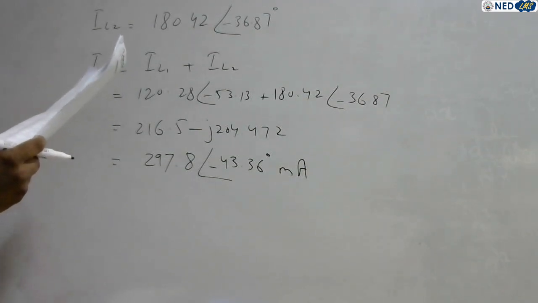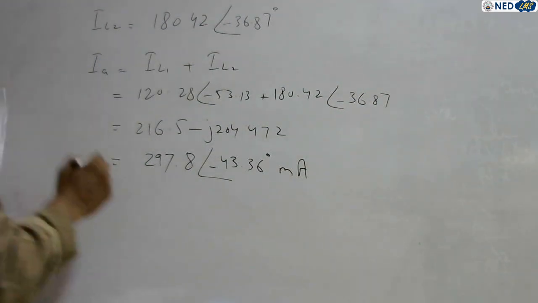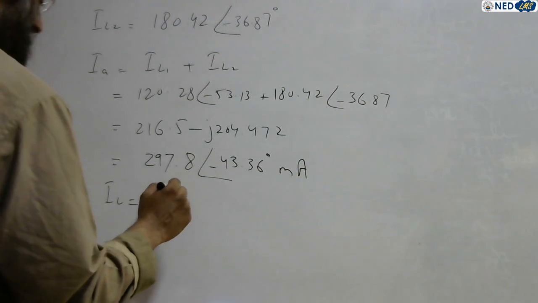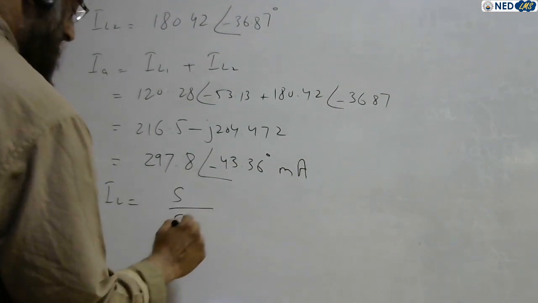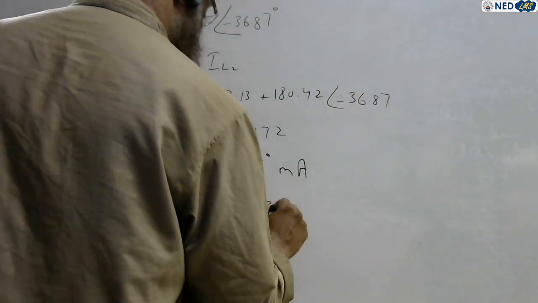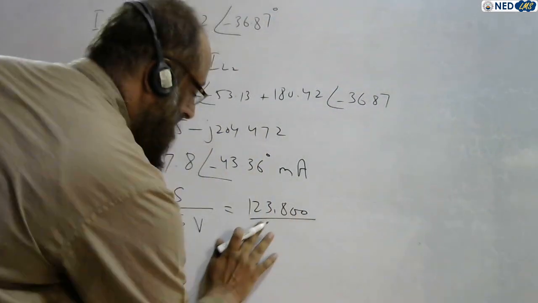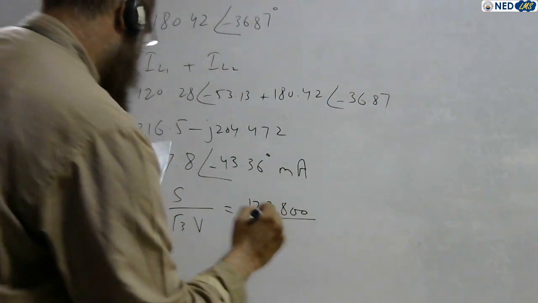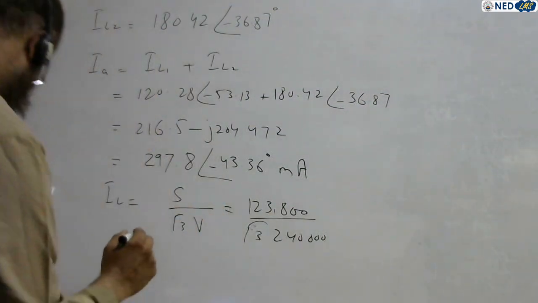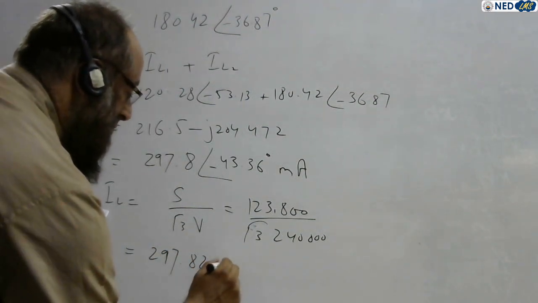Alternatively, we could obtain the current from the total complex power. Another way to calculate this current is from the total absorbed power, that is S over root 3 times V. The total power was 123 over root 3 times 240 kV, which gives 297.82.